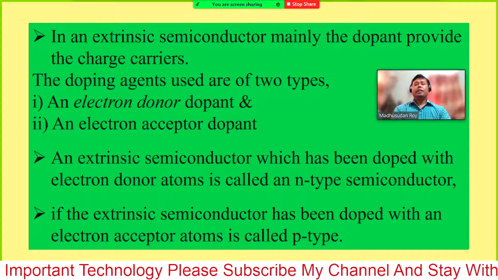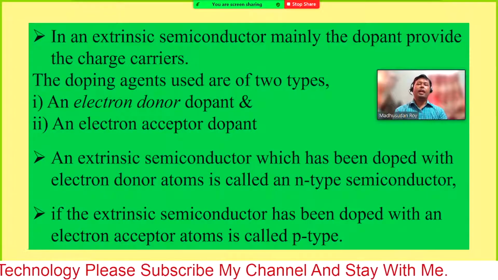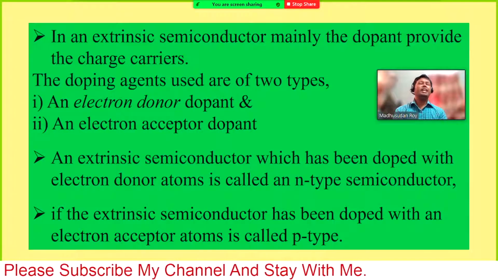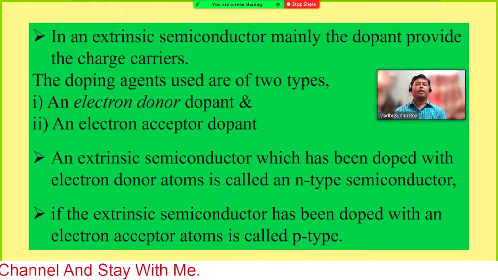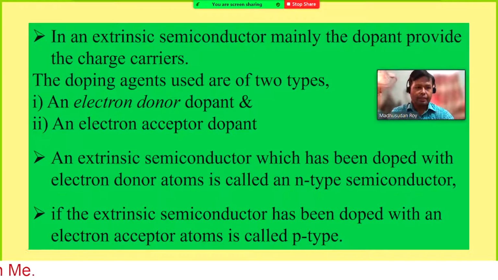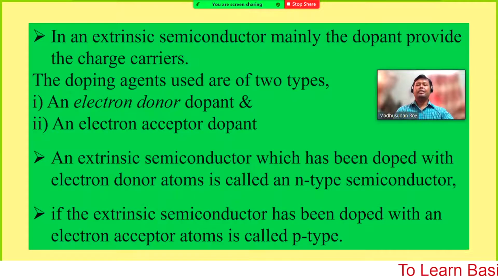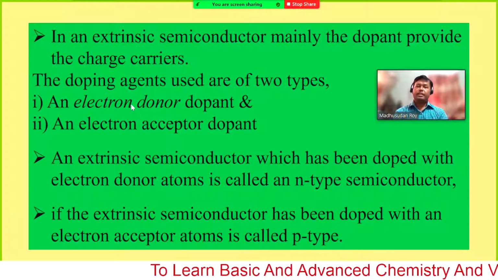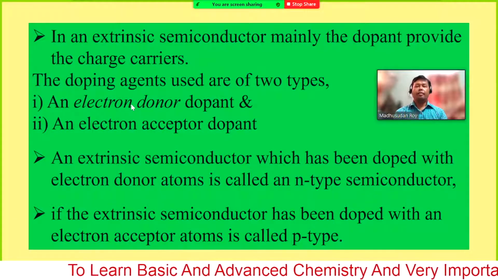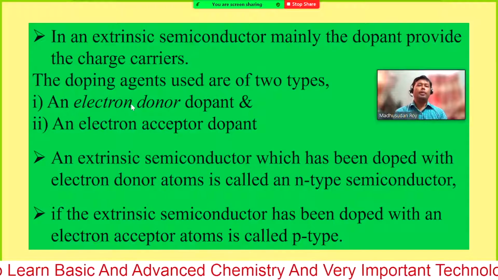Okay. In an extrinsic semiconductor, mainly the dopant provides the charge carriers. Actually, in a pure semiconductor there is no charge carrier. But when you have added some dopant, it can have either one extra electron or one shortage of electron.